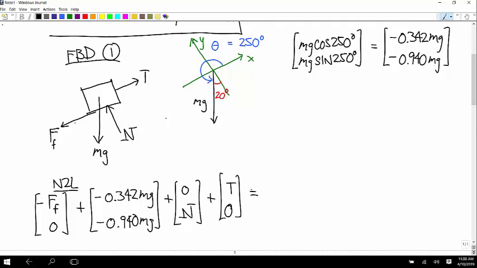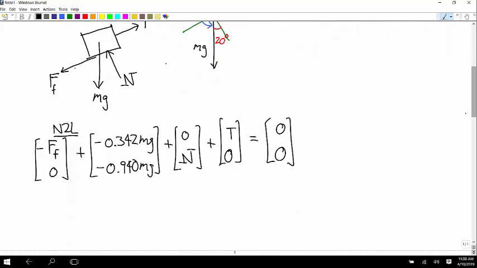What acceleration do we want to use here? Yes, exactly. This is static friction, so we're going to assume that it's at rest. And so mass times 0 is just equal to 0. For these friction problems, we almost always need to know the normal force. So I'll use the y equation to tell us that N is equal to positive 0.940 mg.